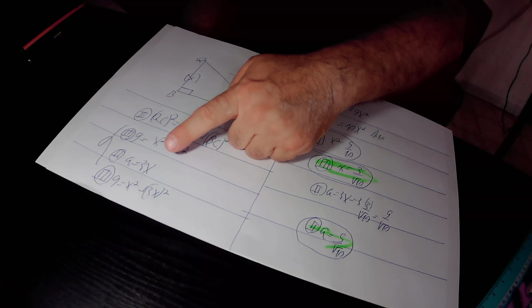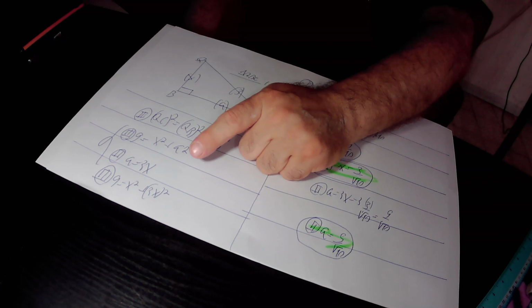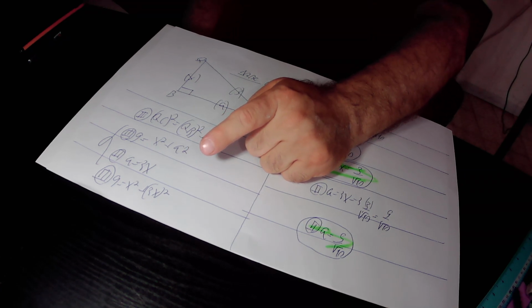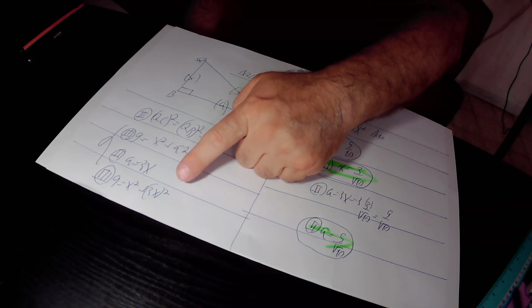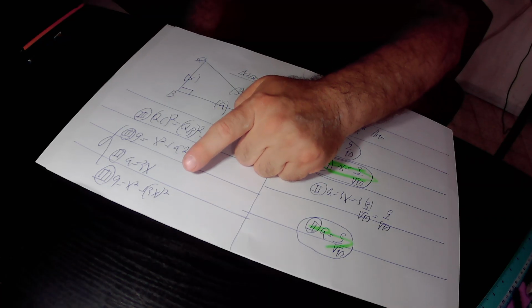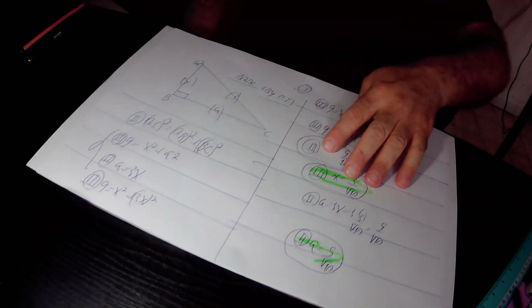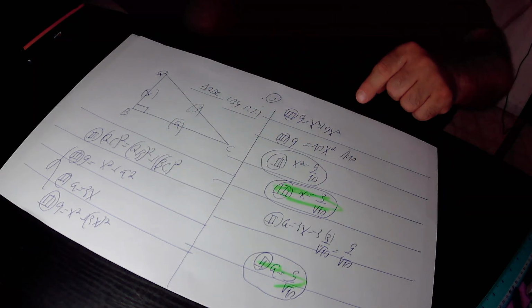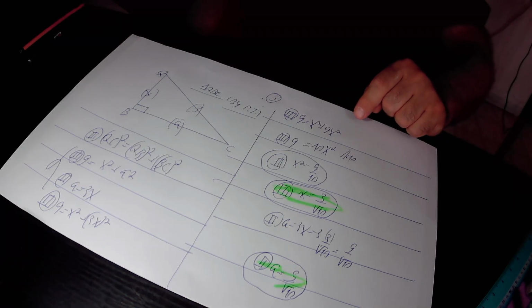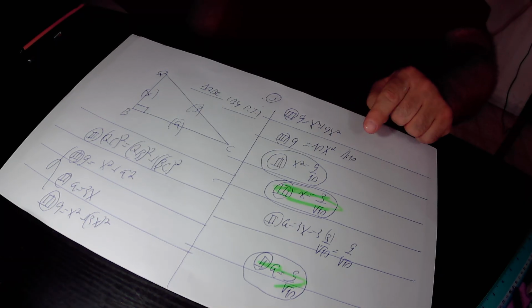So in total, according to equation 3, I have found out that 9 equals x squared plus 3x squared. 3x squared is 9x squared. So 9 equals x squared plus 9x squared. X squared plus 9x squared is 10x squared. So 9 equals 10x squared.